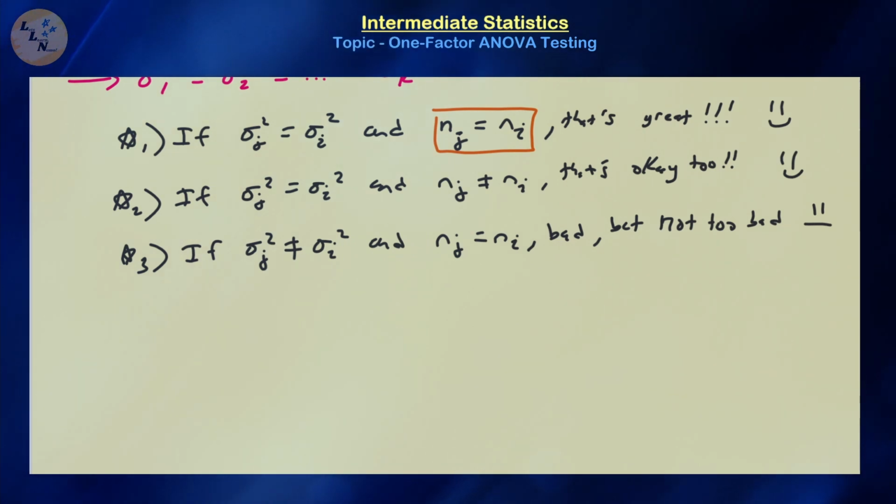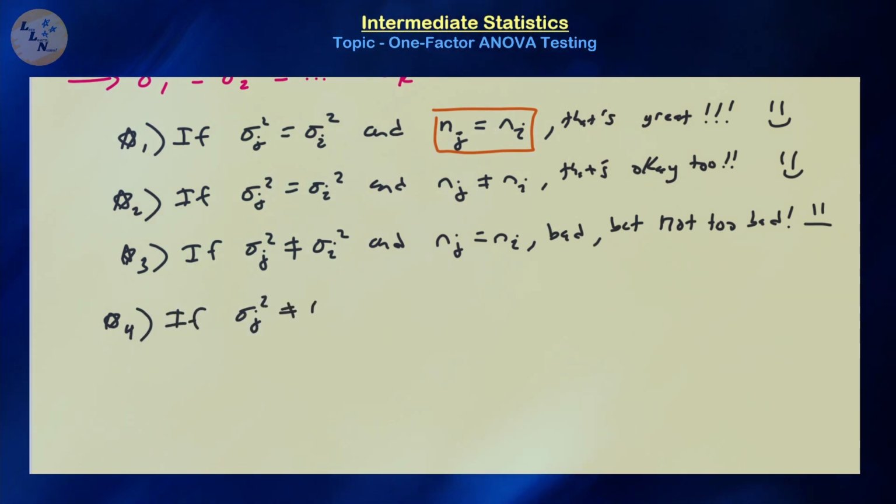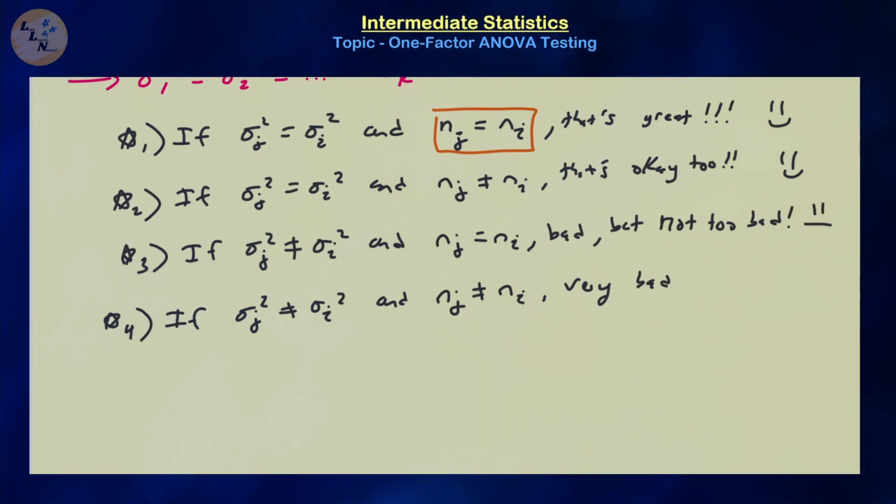So it's sort of bad, but it's not the worst case scenario. The worst case scenario is if sigma j squared is not equal to sigma i squared and the ANOVA table setup is unbalanced. So this is the worst case scenario in our ANOVA analysis realms.